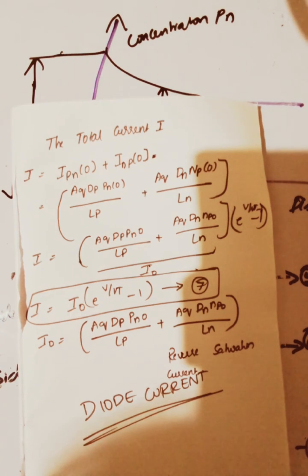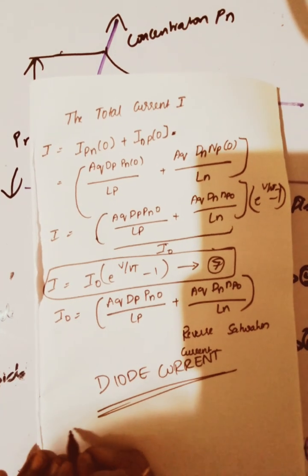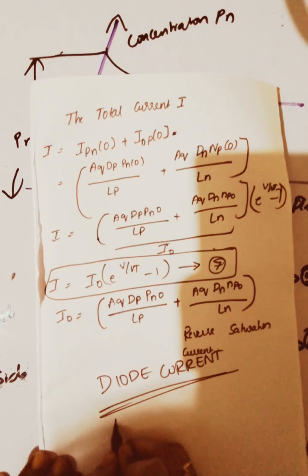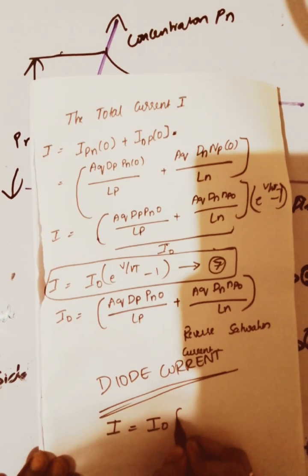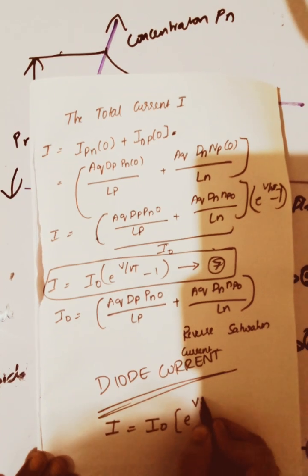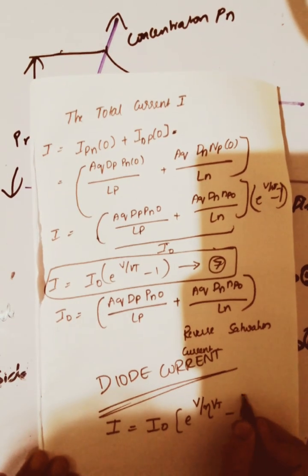So, if we consider the generation and recombination of the carriers in the depletion region, the general equation of the diode current is approximately given by I is equal to I naught e to the power of V by eta Vt minus 1.